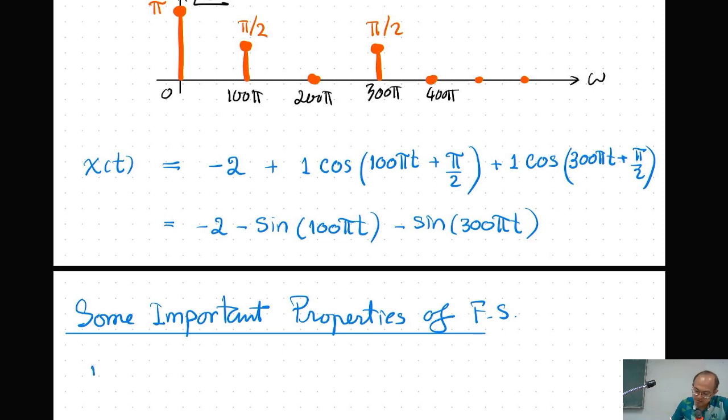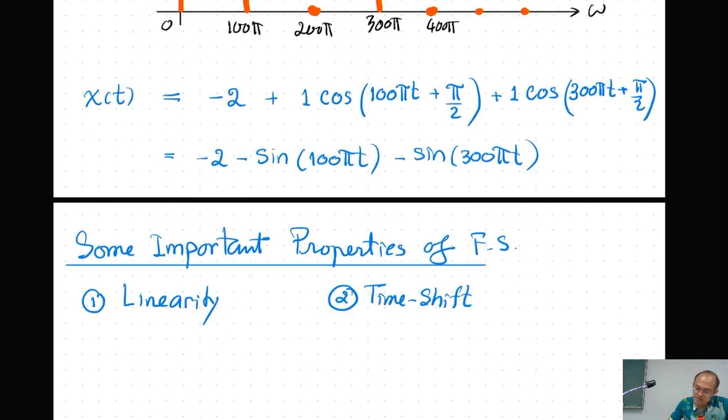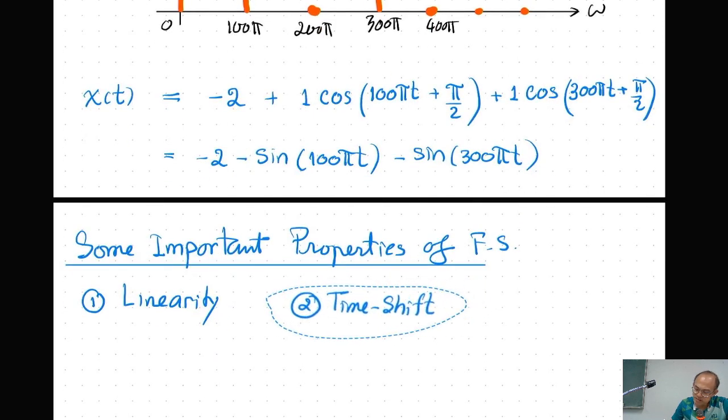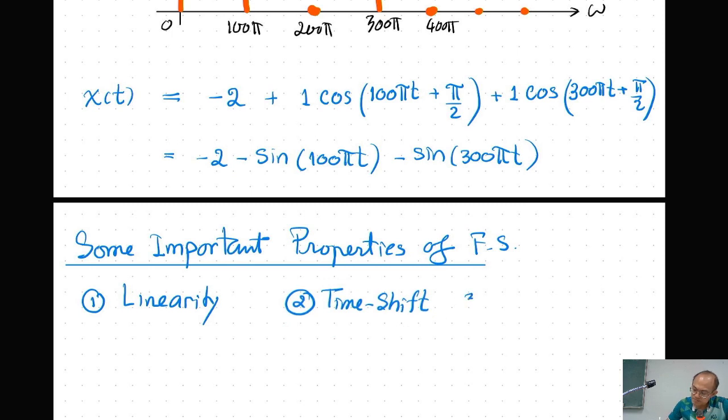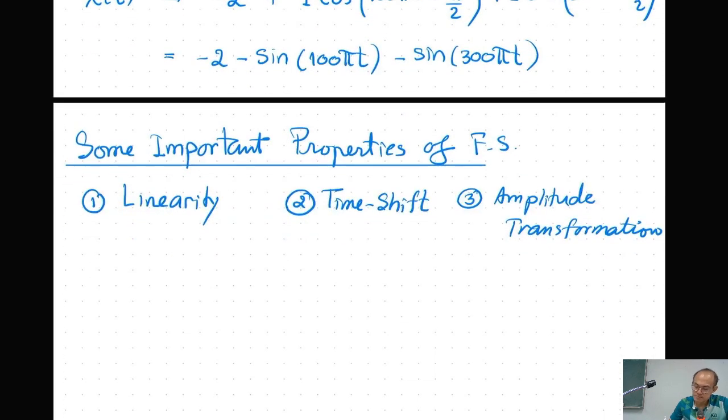The first property is called linearity. The second property is called time shift. And the third is amplitude transformation. Now, let's look at linearity.